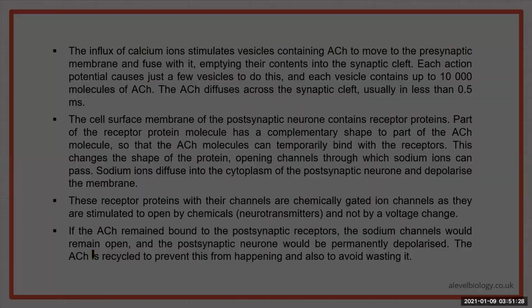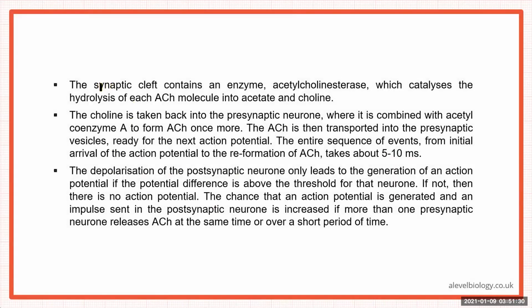Okay then. Now, this synaptic cleft contains an enzyme, and the name of the enzyme is acetylcholinesterase. This enzyme catalyzes the hydrolysis of each acetylcholine molecule into two parts, acetate and choline, because remember, it has to be recycled.